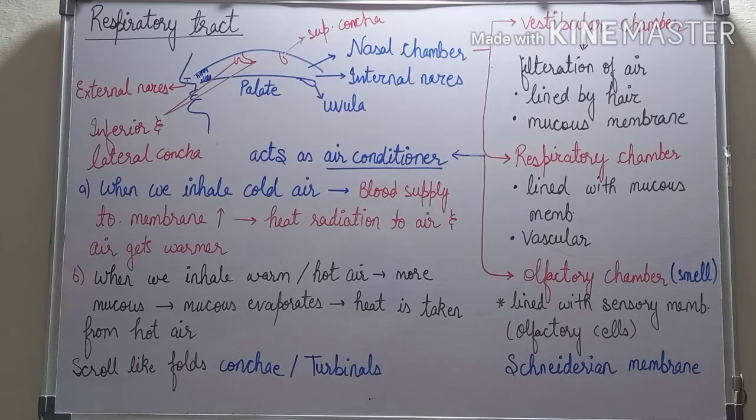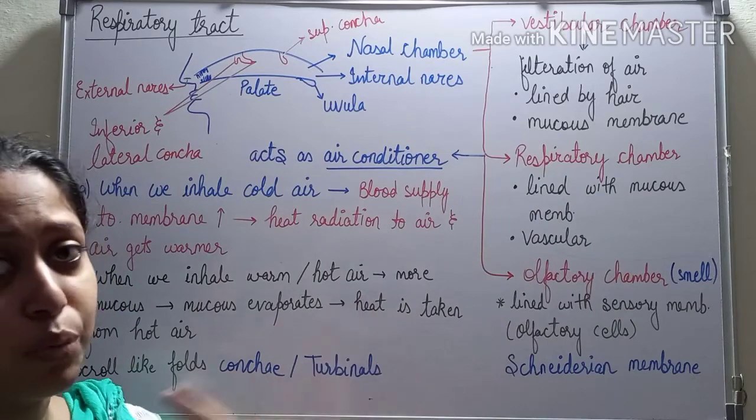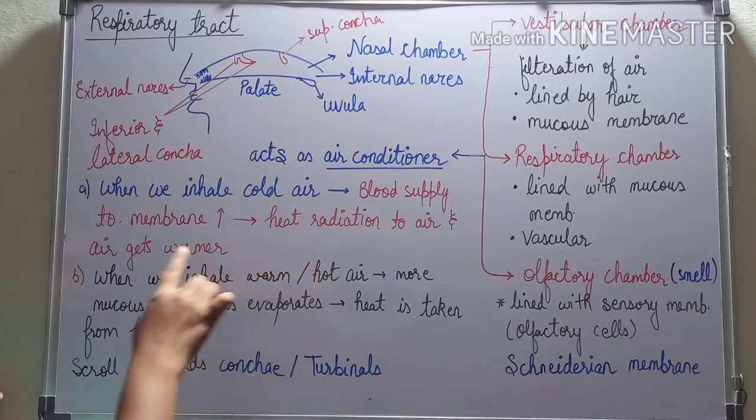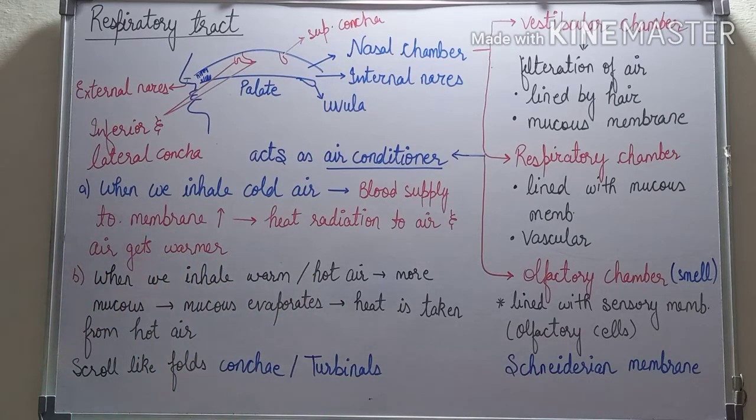This respiratory chamber is lined with mucous membrane and also has a lot of blood vessels, and so blood is supplied to the membrane. And when blood is supplied, heat radiates to the air and the air gets warmer. When blood comes with very high speed, what happens?